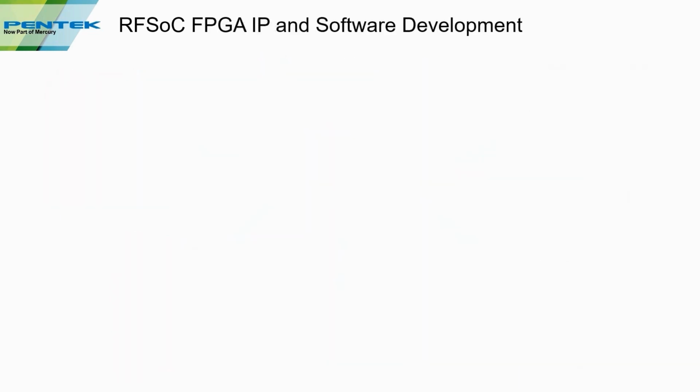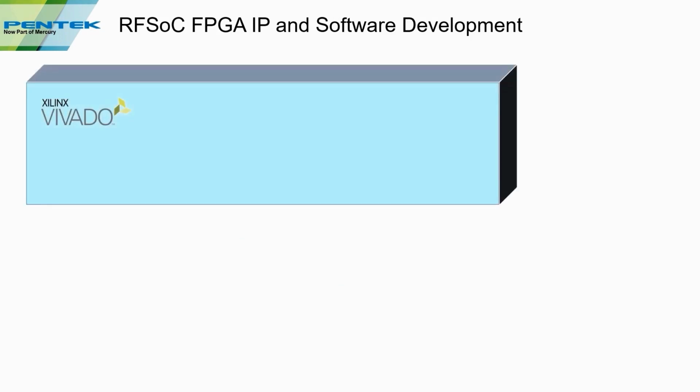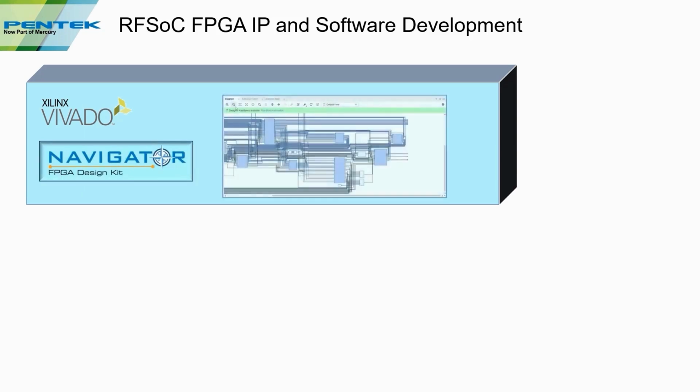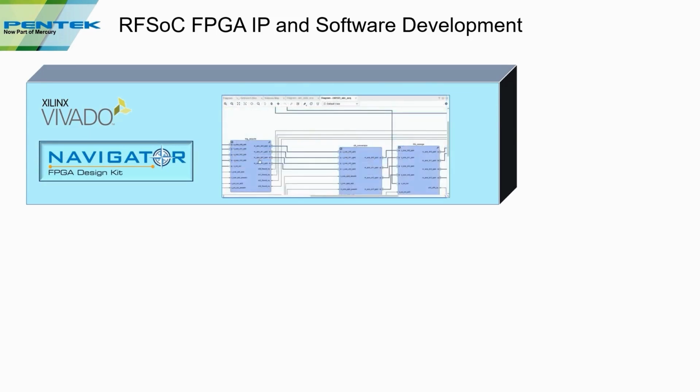In the second seminar, we looked at the FPGA IP and software development environment. We looked at Xilinx's Vivado tool suite. We looked at the Navigator FPGA design kit, and with it, we took a factory installed design and we modified it. We added a new IP core that allows us to monitor the data traffic through a specific part of the IP.